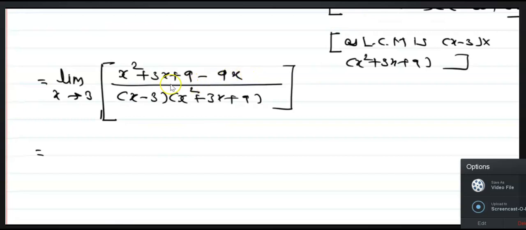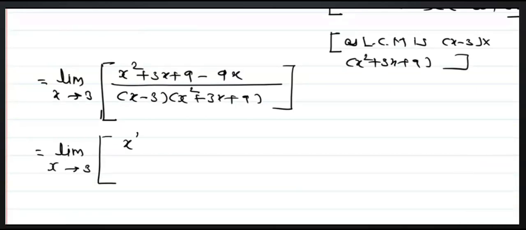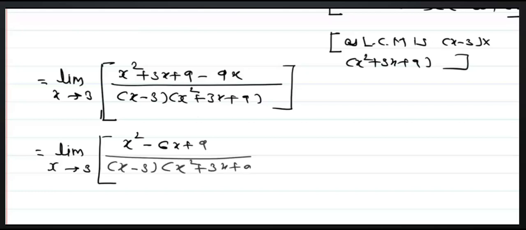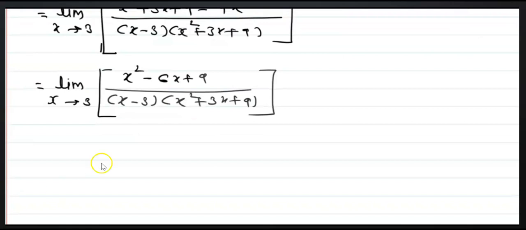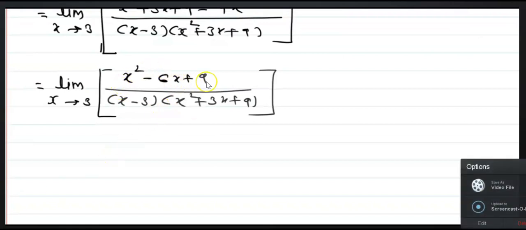Now here is minus 9x and plus 3x, it will become minus 6x. Therefore it is x square minus 6x plus 9. It's a perfect square, a perfect square of x minus 3 bracket square.